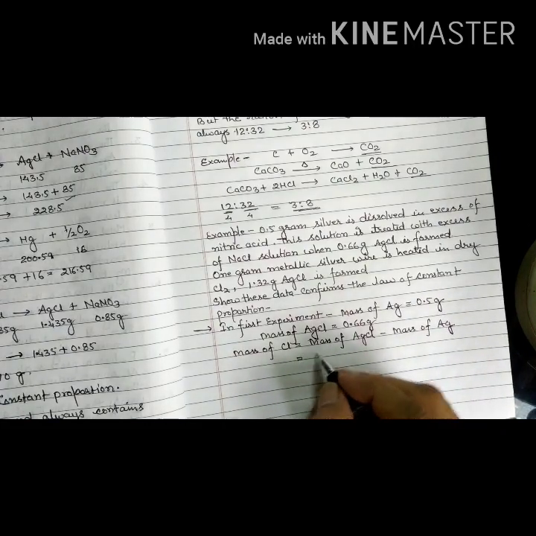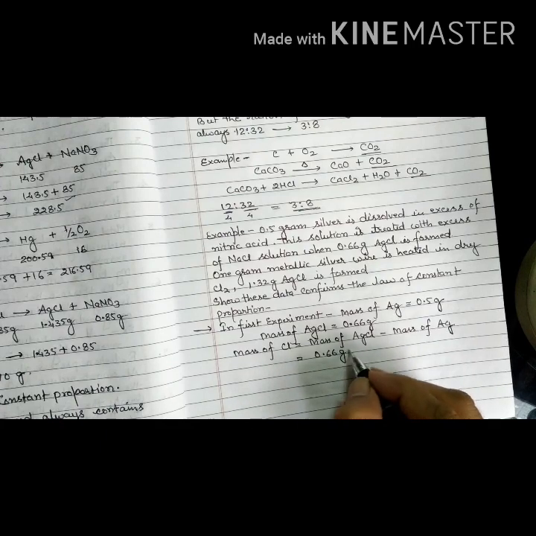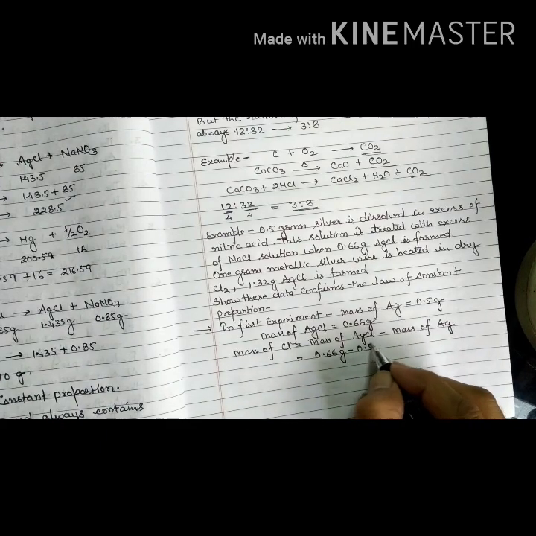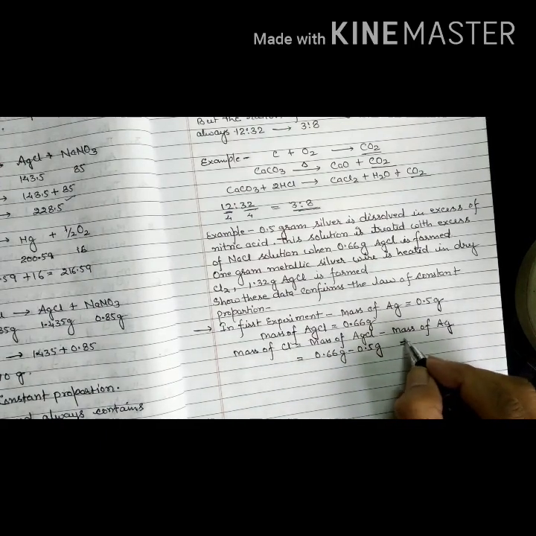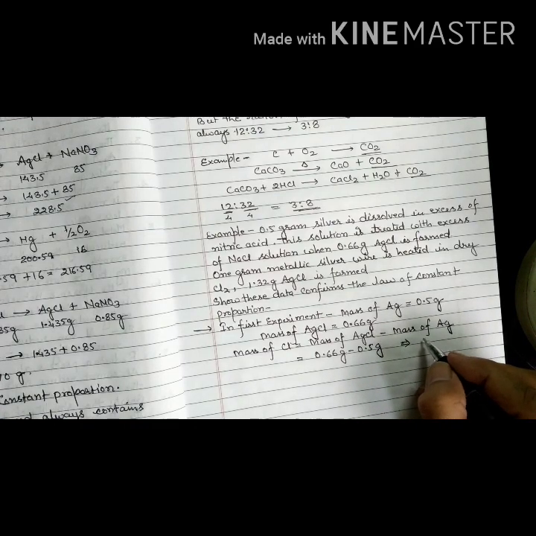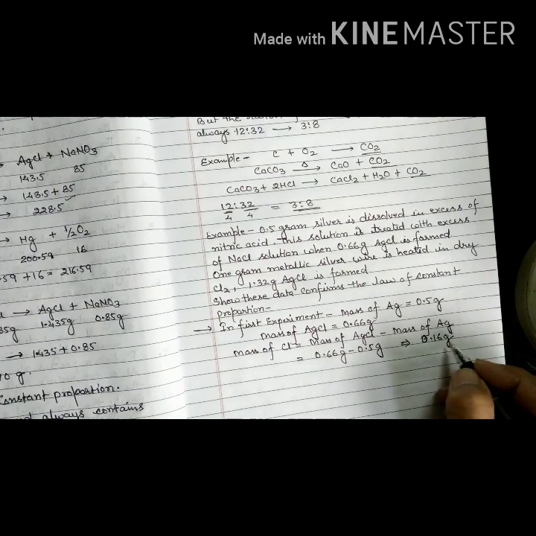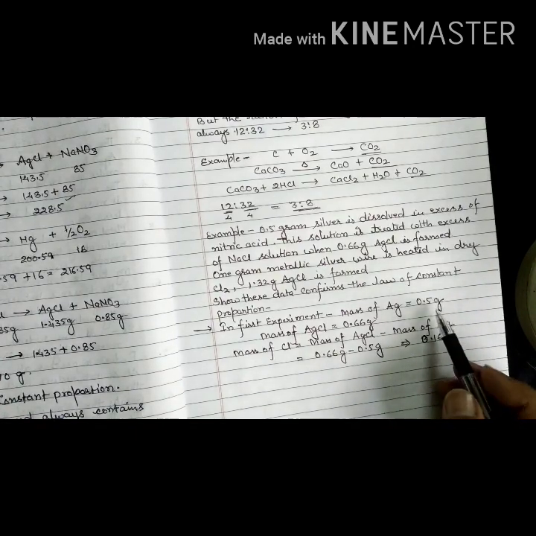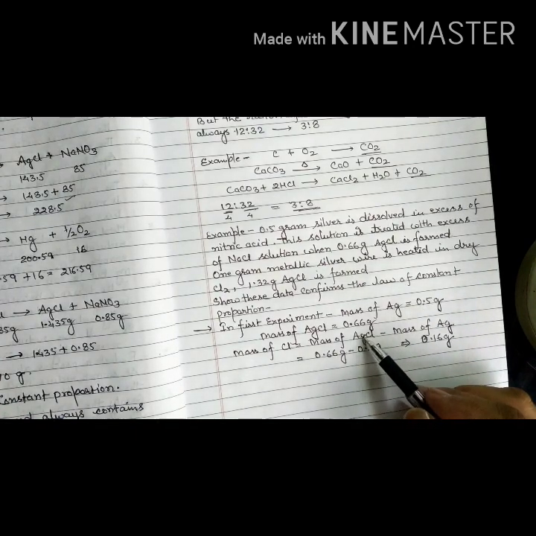So this will become 0.66 gram minus 0.5 gram, and this comes to 0.16 gram. Now we have to compare the ratio of silver and chlorine.